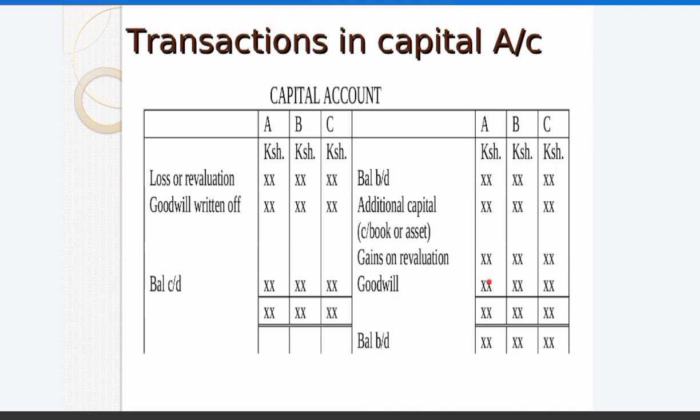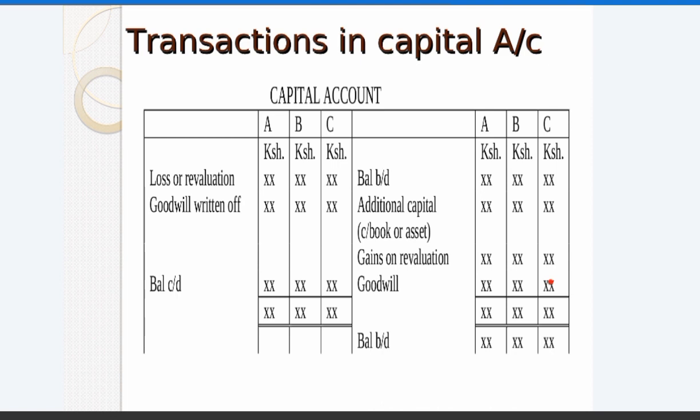So the share of goodwill of partner A will increase the capital of A, the share of goodwill of B will increase the capital of B, and the share of goodwill of C will increase the capital of C.